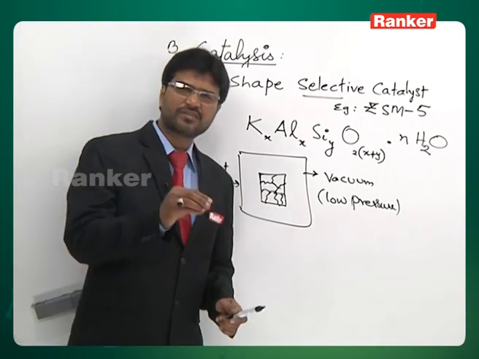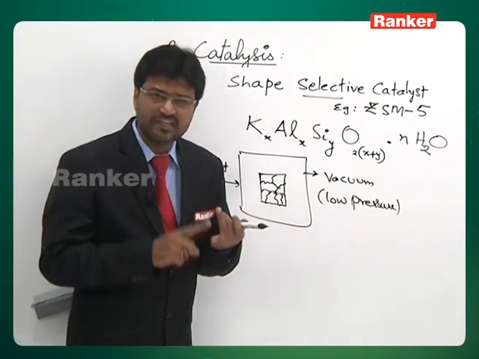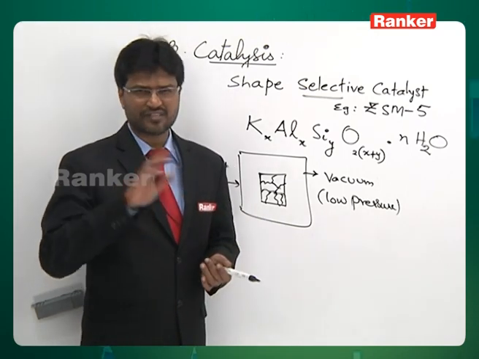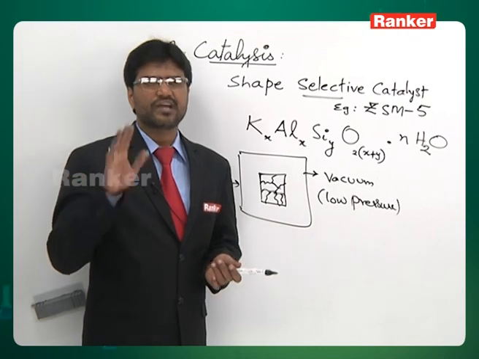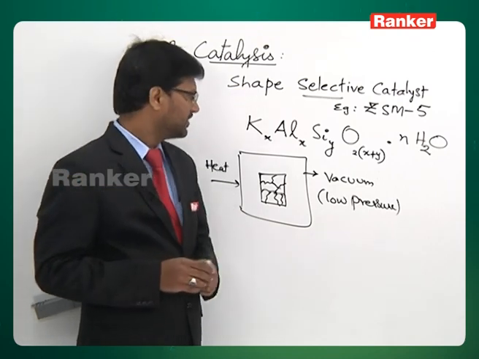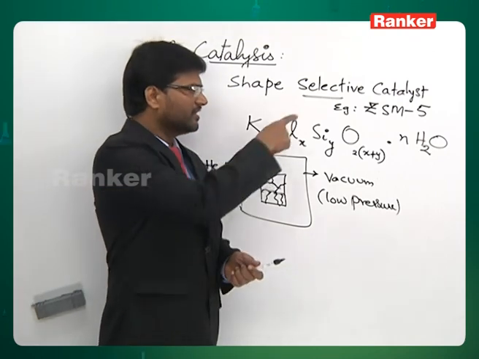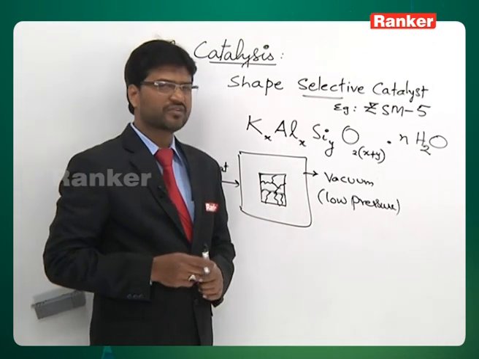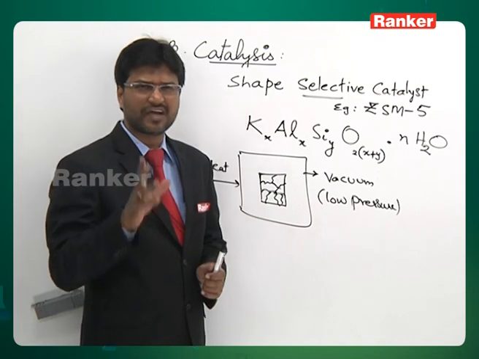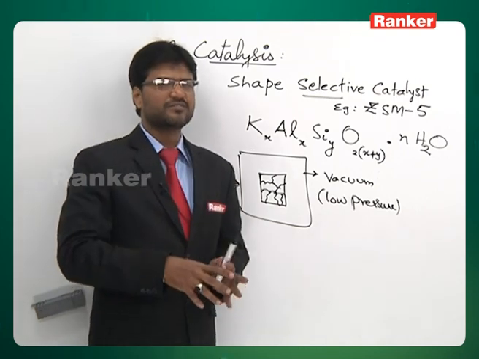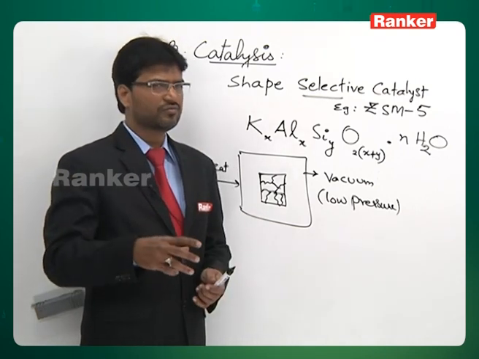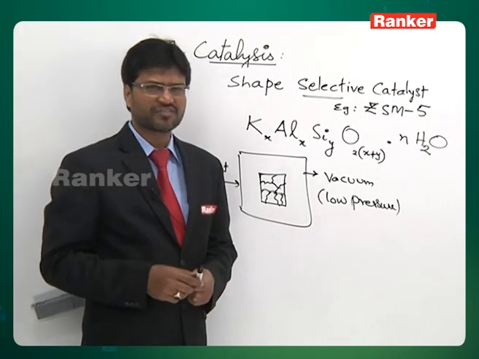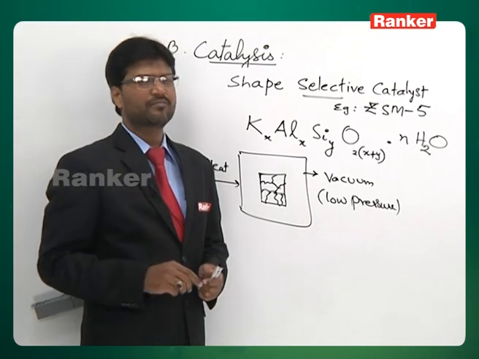So this is a shape selective catalyst in that it will catalyze dehydration of straight chain alcohols. It will not catalyze dehydration of branched alcohols. This substance is popularly or commercially called ZSM5. It is a shape selective catalyst. It's basically an aluminosilicate which has been heated in vacuum to undergo dehydration. Once it undergoes dehydration, it becomes a microporous substance and the pore size will not allow branched molecules.